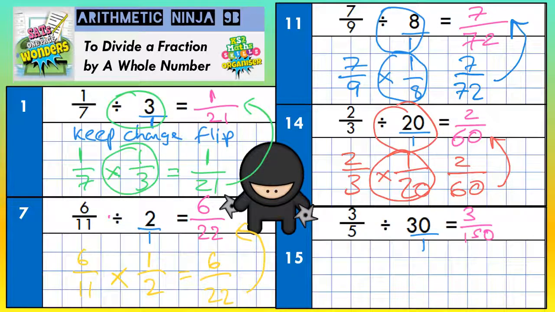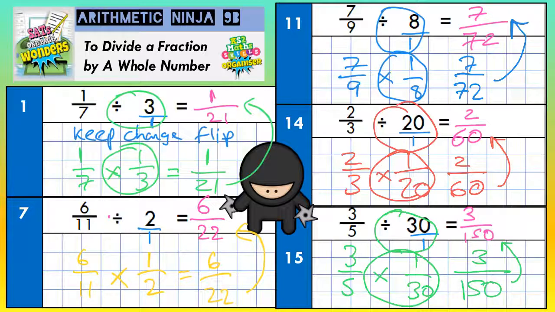And the last one, keep, change, flip. Keep 3/5, change the divide for a times, flip the 30 over 1 to become 1 over 30. Again, dividing by 30 over 1 has exactly the same answer as timesing by 1 over 30. Top times top, 3 times 1 is 3. Bottom times bottom, 5 times 30 is 150. Final answer, 3 over 150.